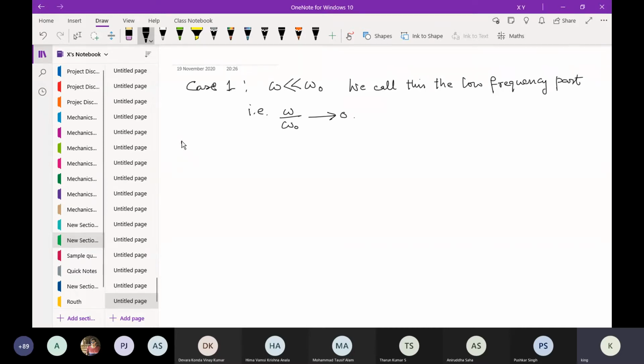So what happens? To modulus F(j omega) in decibels, and this will come out as approximately 0.